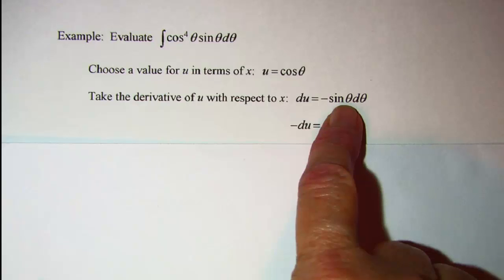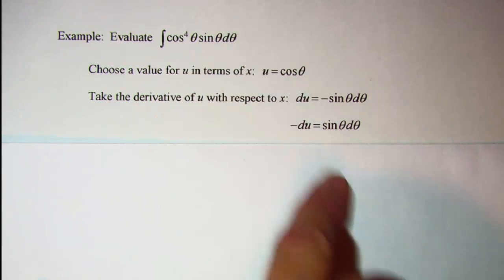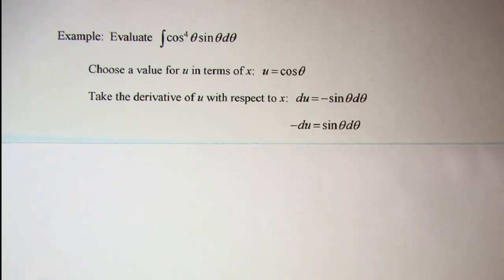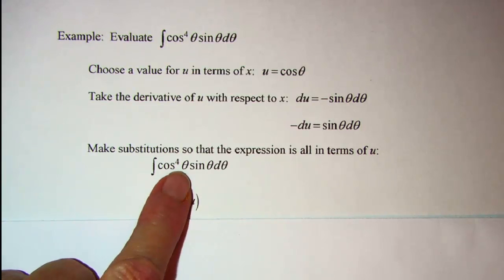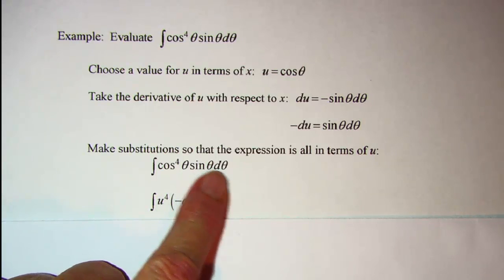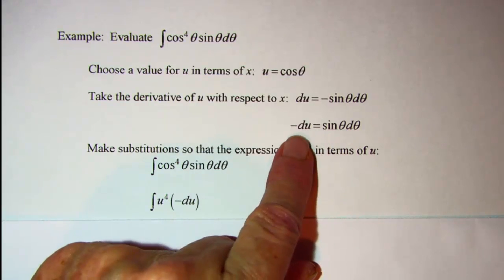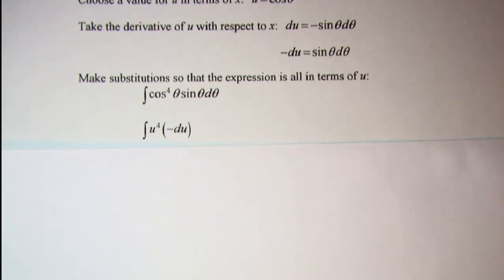Now I just need the sine theta d theta because that's all that I have back here. So I divide both sides by -1, and now I'm ready to make my substitutions. So my cosine theta is u, so I have u to the 4th power. And then my sine theta d theta, I can replace that with a negative du. Now the negative sign I can bring out in front of the integral.